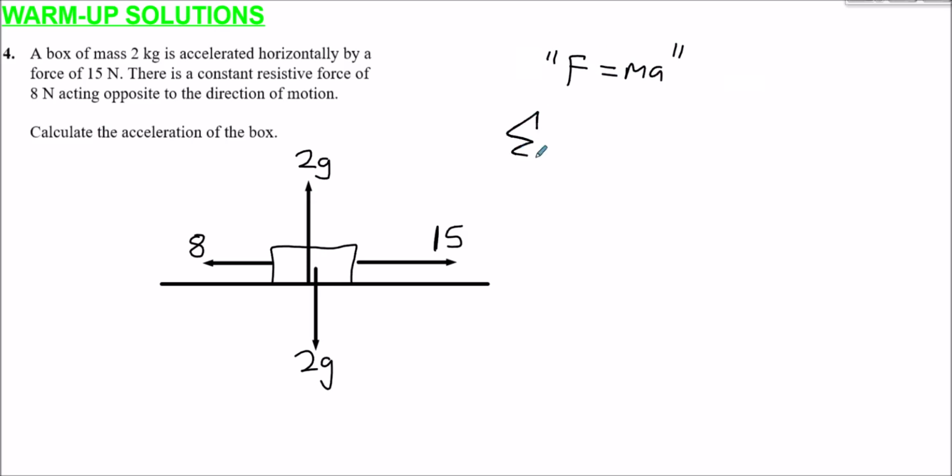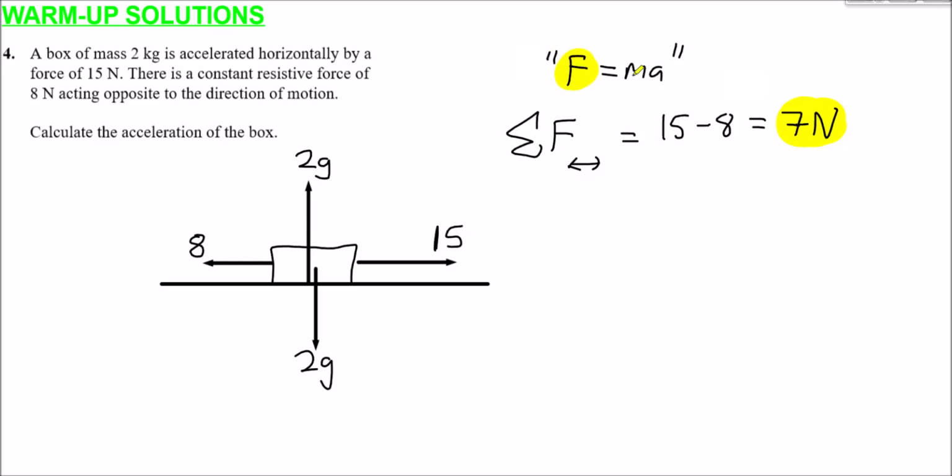So the resultant force horizontally is 15 minus 8, which is 7 newtons. So overall, there's a force of 7 newtons in the positive x direction. There's a force of 7 newtons acting to the right as we look at this diagram. So the resultant force is 7 newtons.